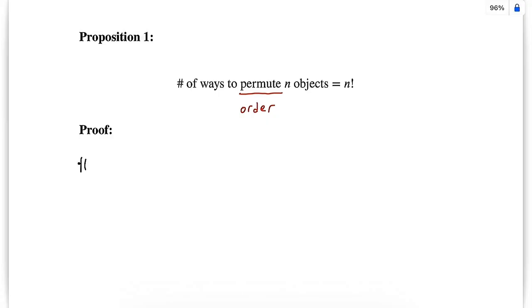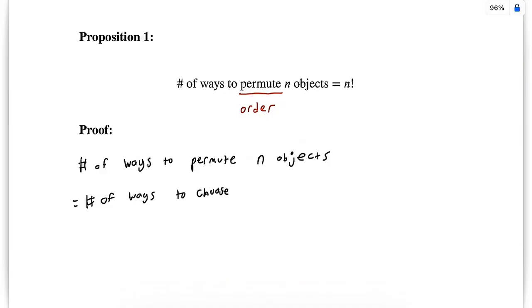So the number of ways to permute n objects, or order them, we can just say, okay, this is the number of ways to choose who goes first, times blah, blah, blah, times the number of ways to choose who goes last.